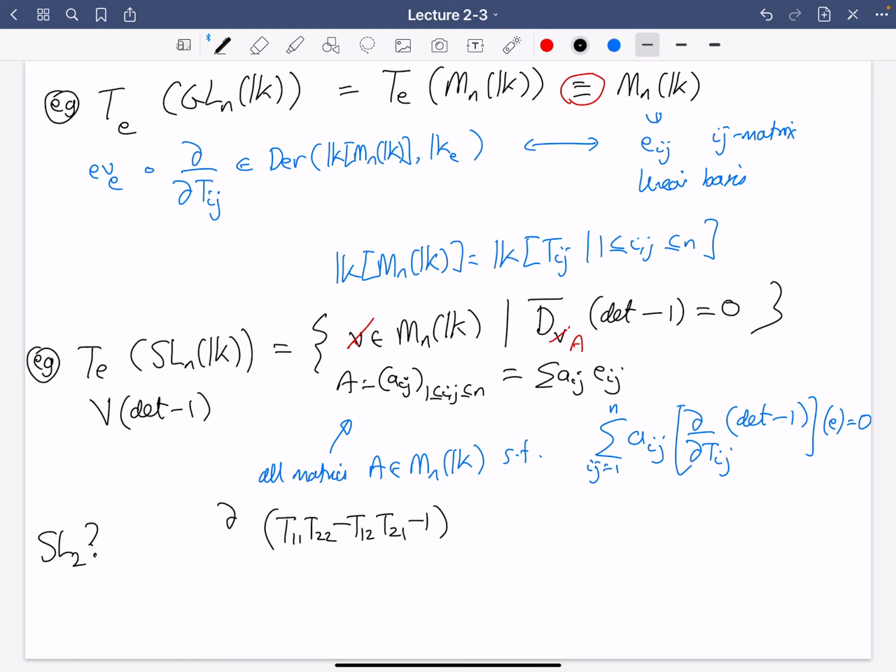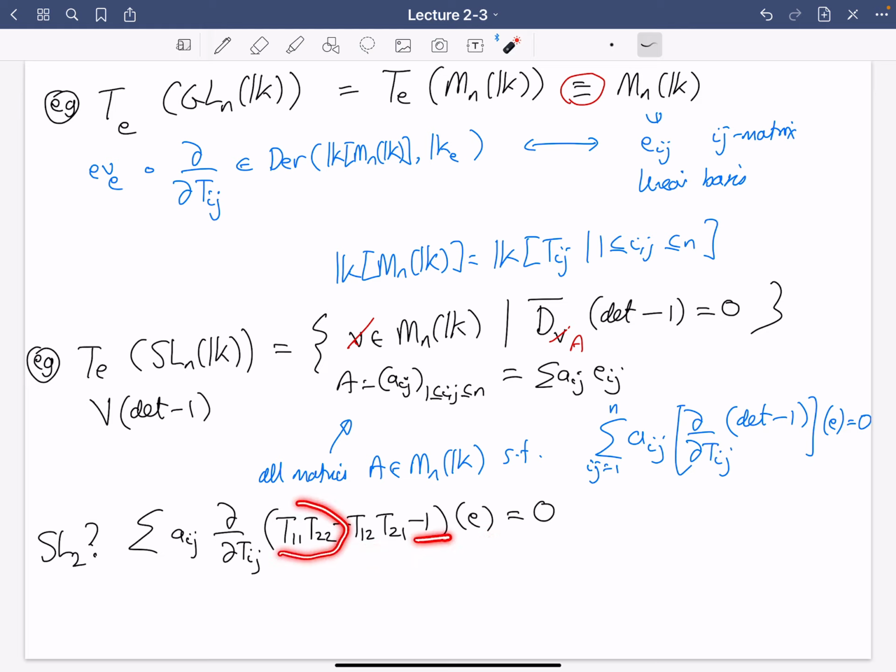We want to partial dt ij and then evaluate at the identity matrix. We want that to be 0. But you see, the identity matrix is zeros off the diagonal. So this stuff here, even when we've done some differentiating, we're either going to have a T12 or a T21 left. But when you evaluate that on the identity matrix, you get 0. This is a constant, so it goes straight away.